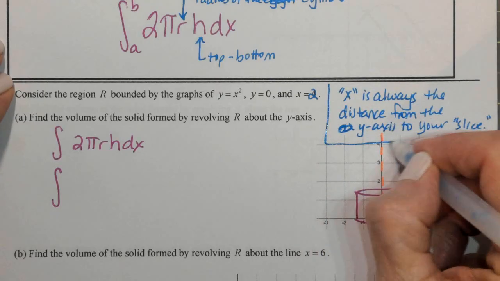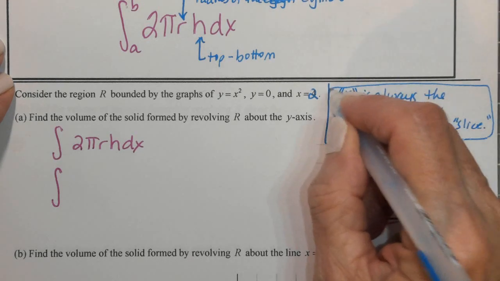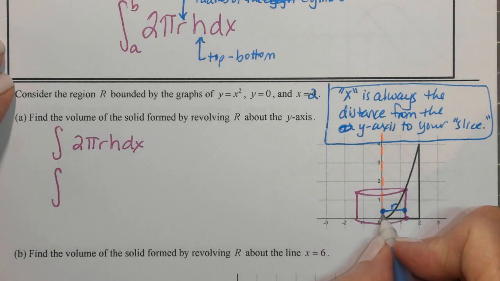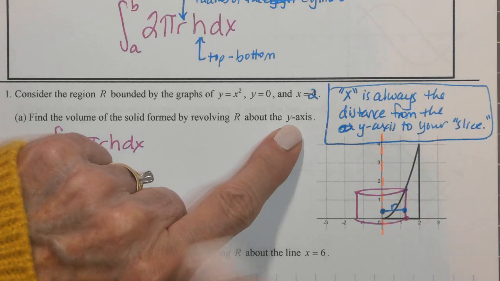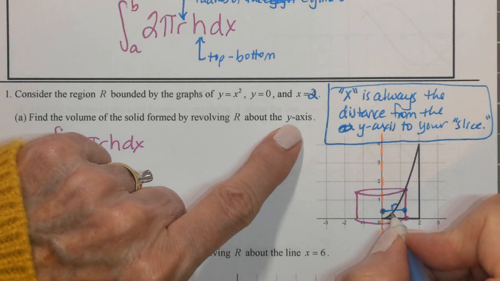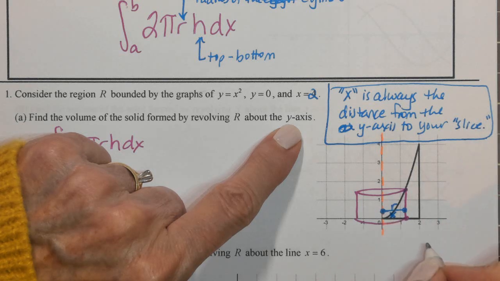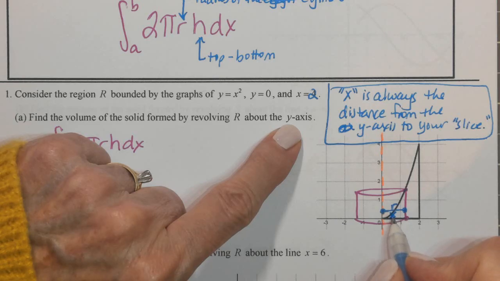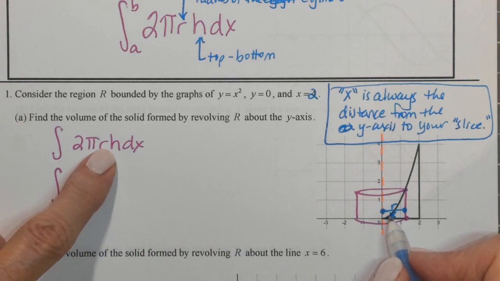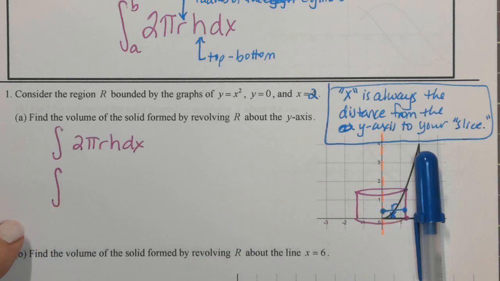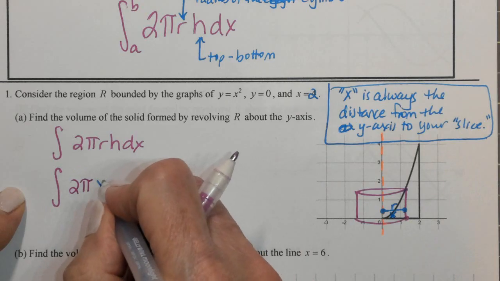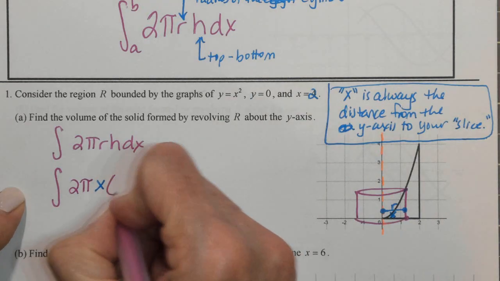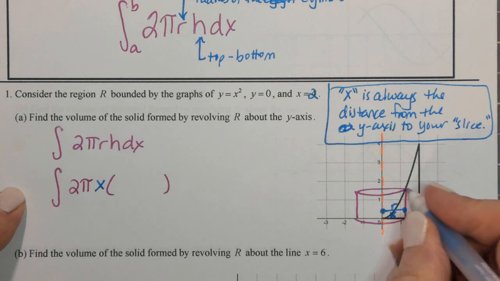X is the distance from the y-axis to your slice. So from the y-axis, which happens to be our axis of revolution in this one, from the y-axis to the slice is X. So in this case, the radius of the cylinder is R, but it's also X. So in place of R, I will put X. So we will have 2 pi times X times top minus bottom.